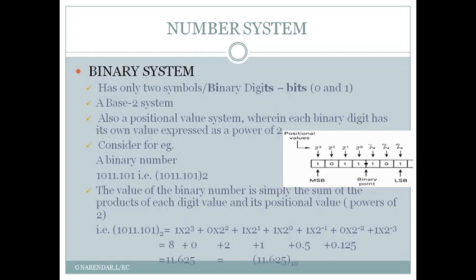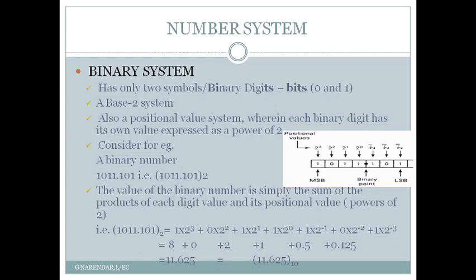From the diagram you can see how the position values are given for this particular number 1011.101. To the left of the binary point, the first digit 1 has 2 power 0 and the next one has 2 power 1. The next digit 0 has 2 power 2 and the next bit has 2 power 3. To the right of the binary point, the first digit 1 has a position value of 2 power minus 1 and the next digit 0 has a position value of 2 power minus 2.